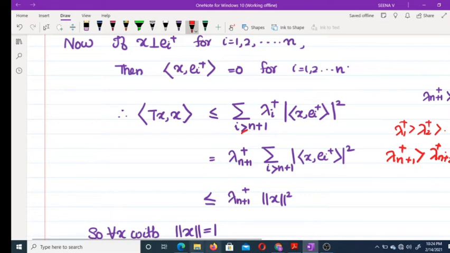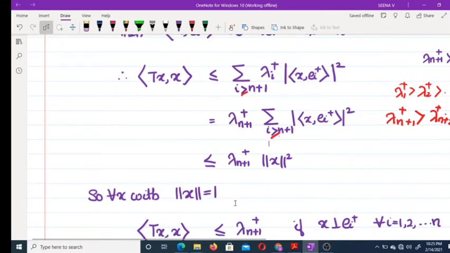So this is equal to, you can take lambda n plus 1 plus outside, the sum over i greater than or equal to n plus 1 of the modulus of the inner product of x with e_i plus, whole squared. And this is less than or equal to the norm of x squared by Bessel's inequality.